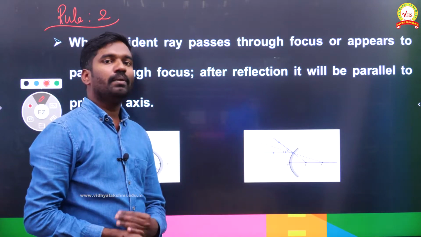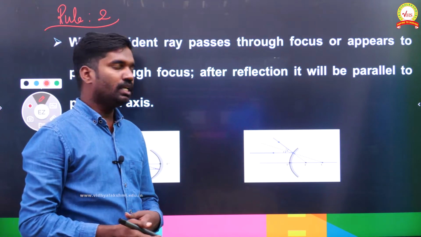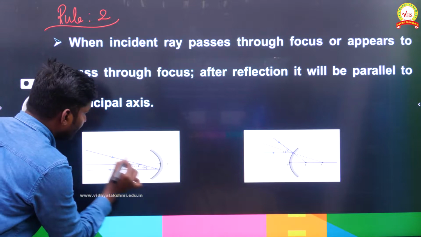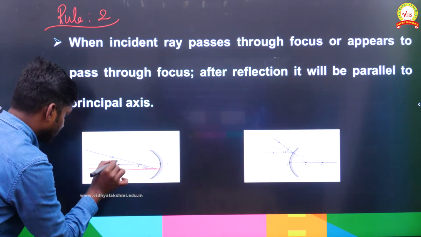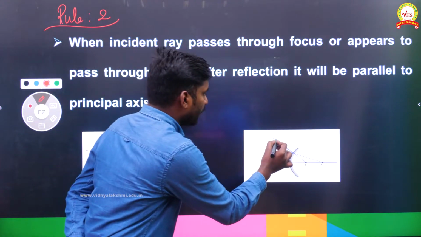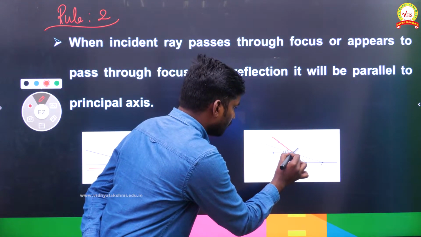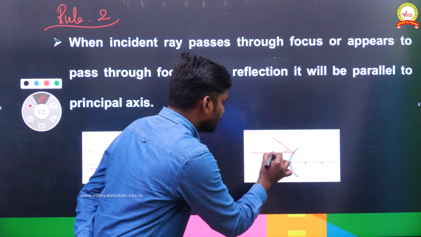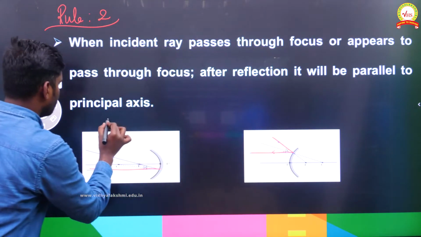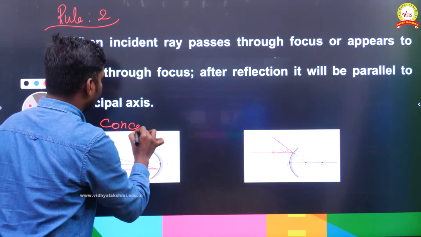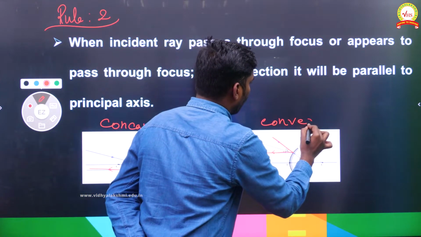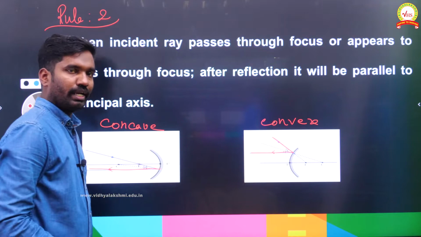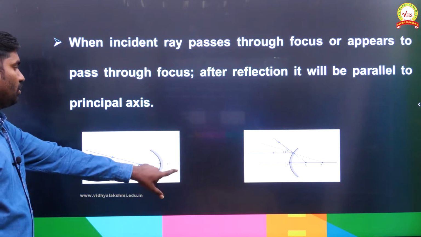When the incident ray passes through the focus, after reflection it will be parallel to the principal axis. Or if the incident ray appears to pass through the focus, it will be parallel to the principal axis. So this is for the concave mirror and this is for the convex mirror. Okay. So this is our rule number 2.